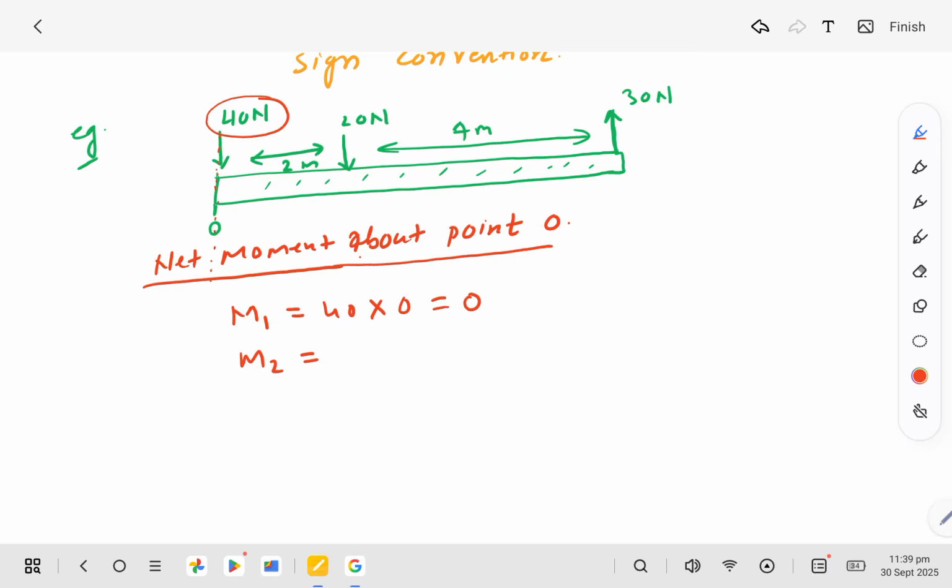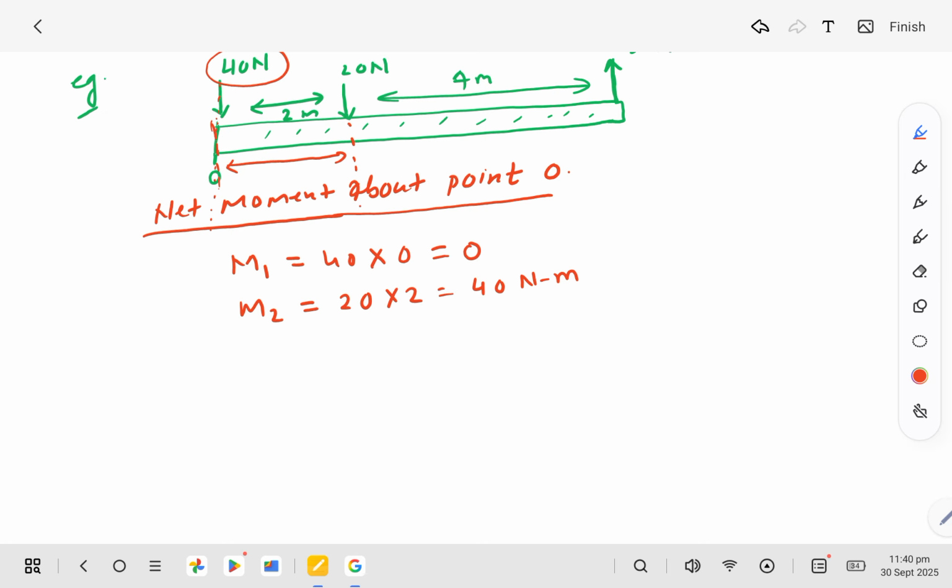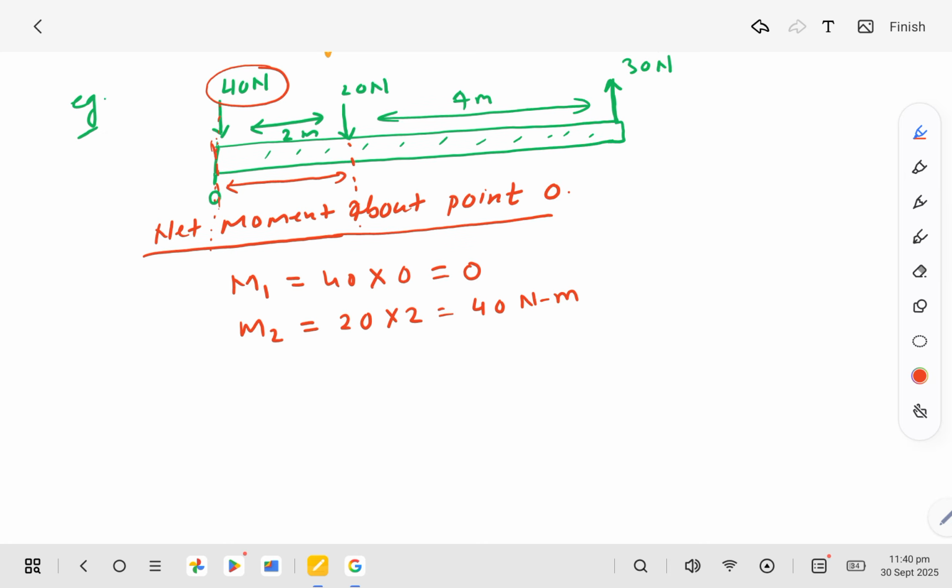Moment 2, moment of this force: 20 newton is the magnitude, and the distance between the line of action of this force and the line passing through point O is 2 meter. So this is 40 Newton meter. And now we can use the sign convention.